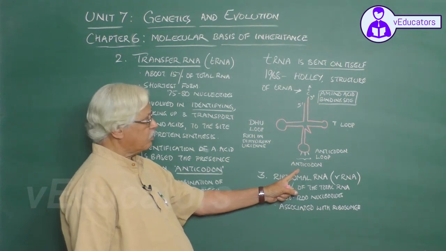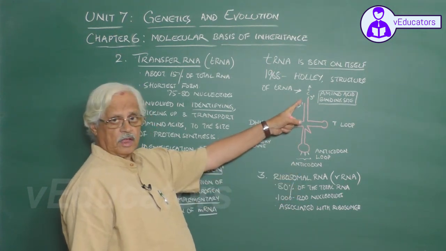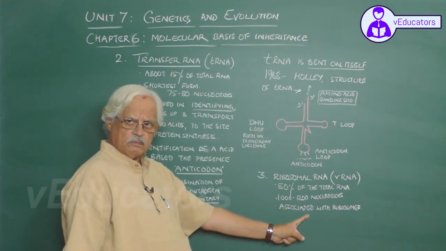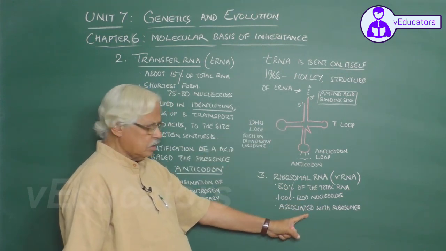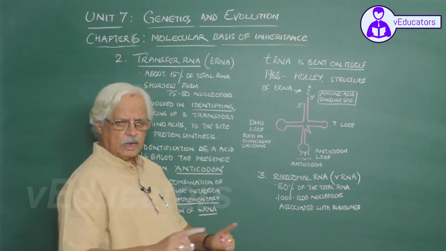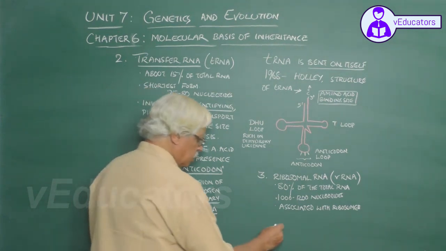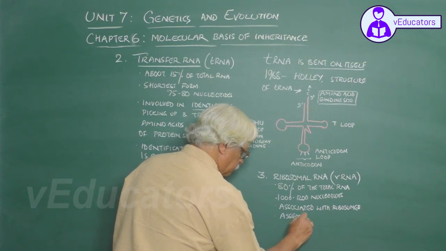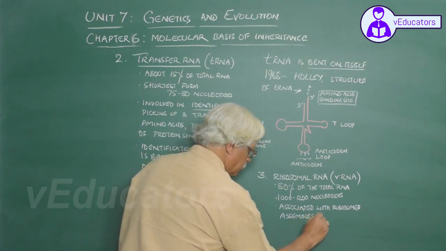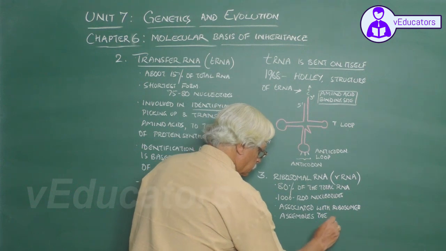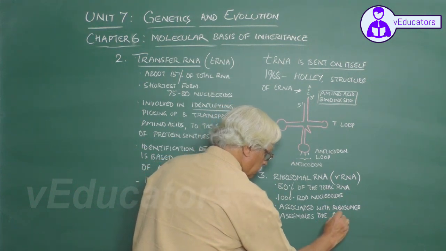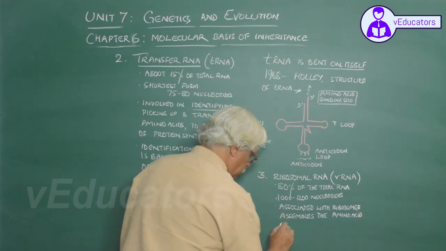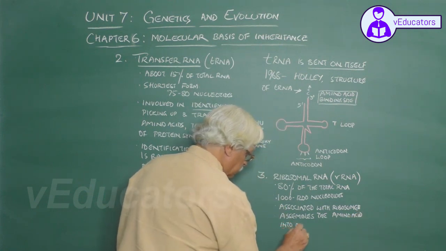With the help of the anticodon, tRNA identifies and picks up the amino acids, brings them to the ribosomes, and ribosomal RNA helps in assembling the amino acids into a polypeptide chain.